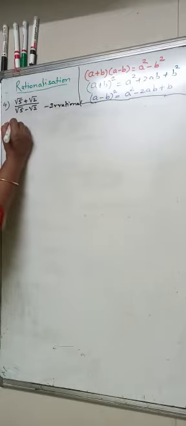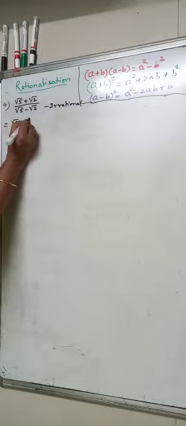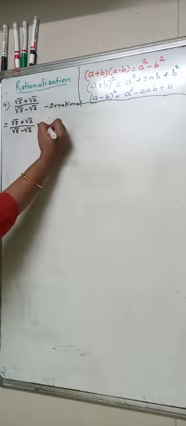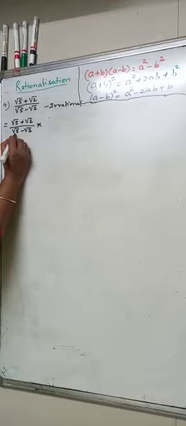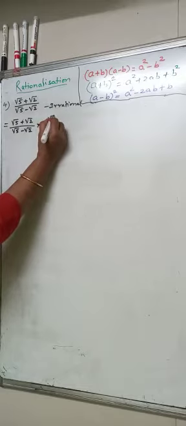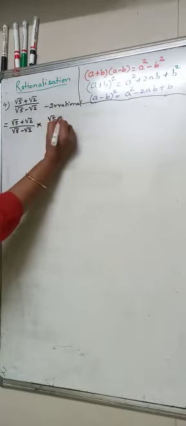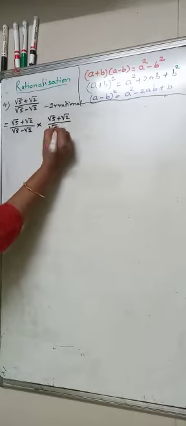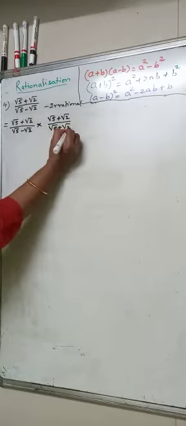So for (√5 + √2)/(√5 − √2), we multiply the numerator and the denominator by the conjugate of √5 − √2. The conjugate is √5 + √2 upon √5 + √2.